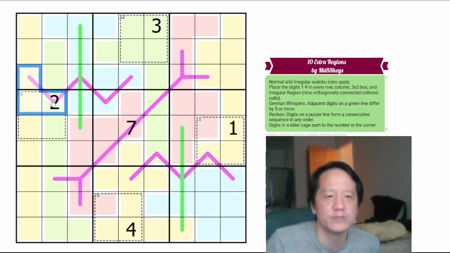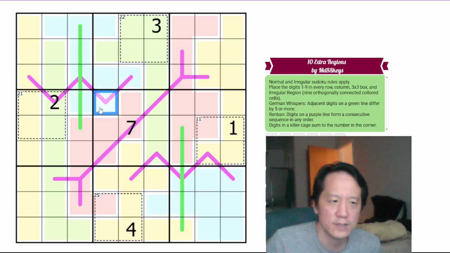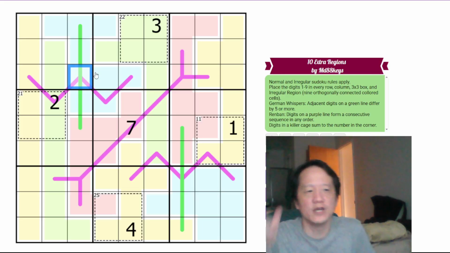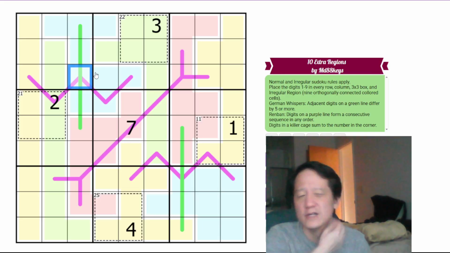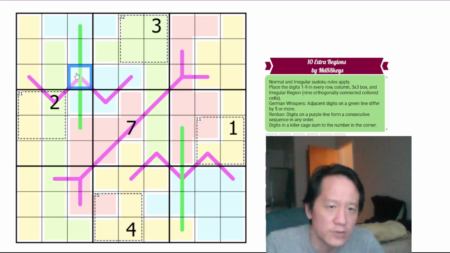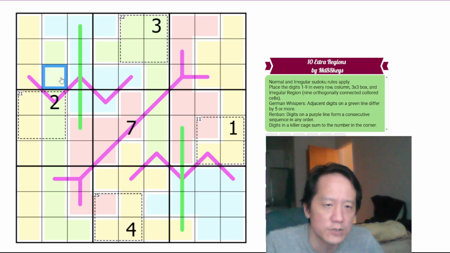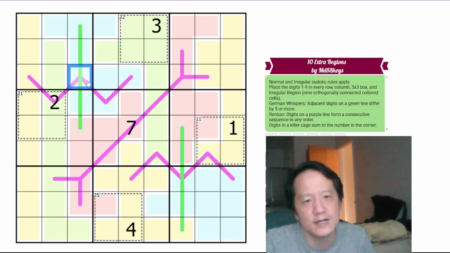So this has to have a 3 though, right? Because you can't have 1, 2, 1, 2, 1, 2, 1, because you can only have 2 1s at most here. So you have to have a 3. It has to be one of these digits.